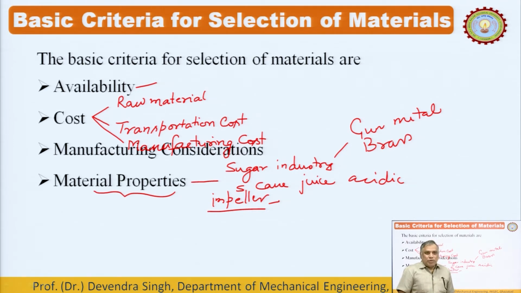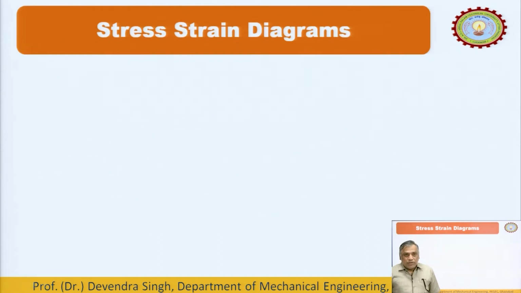So various material properties you have to consider when we select a material for a particular application. This is a very important and wise decision-taking step for a designer. If material selection is wrong, then there is no case but that your design will fail. So appropriate selection of material is a very important activity in the design.